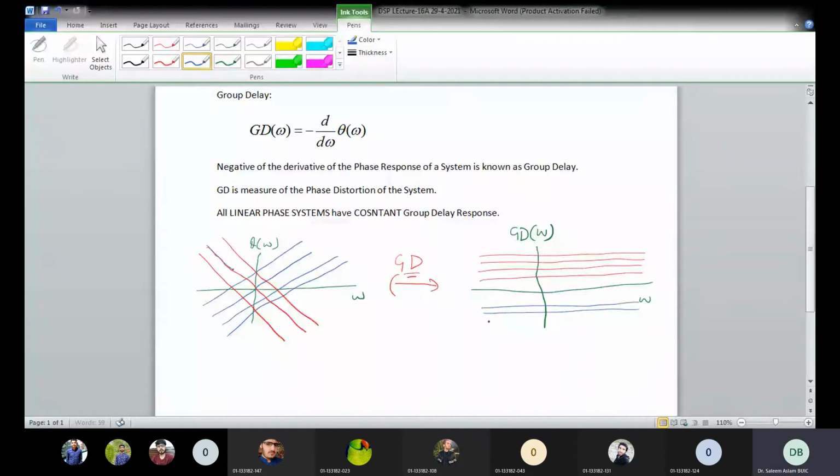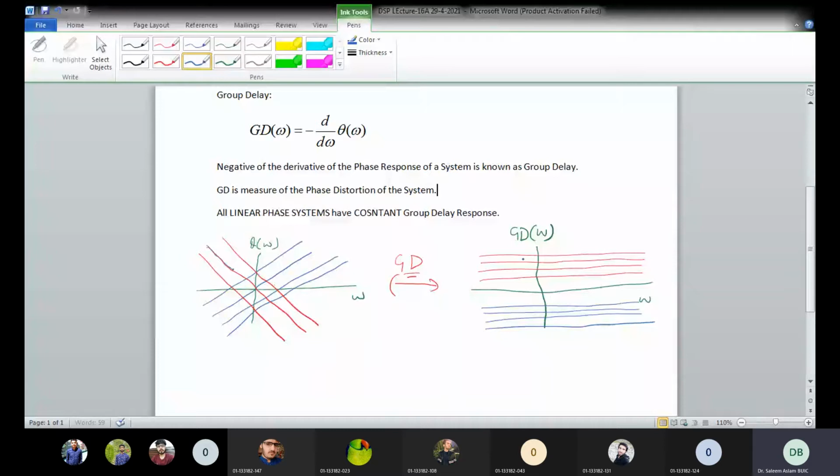So positive would become negative. So here you can visualize the group delay of a linear phase system. You can measure phase distortion in terms of phase, and you can measure the phase distortion in terms of group delay as well, because you can see that a linear phase system will have a constant group delay response, right?